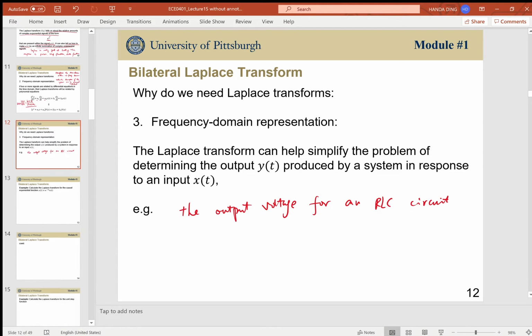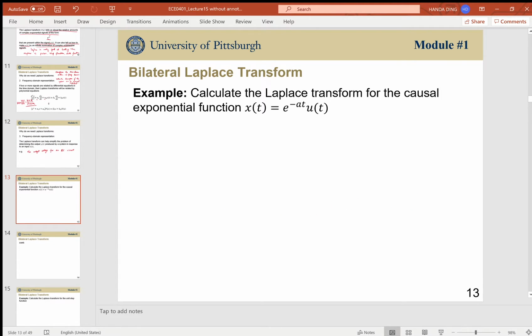And let me give you an example for calculating the bilateral Laplace transform. So let's say we have a causal exponential function, which you already know, right? So the Laplace transform, capital X(s). And we know the equation right now, right?